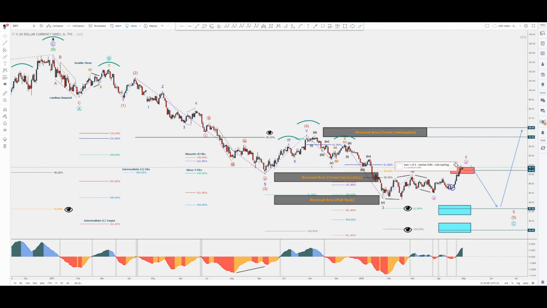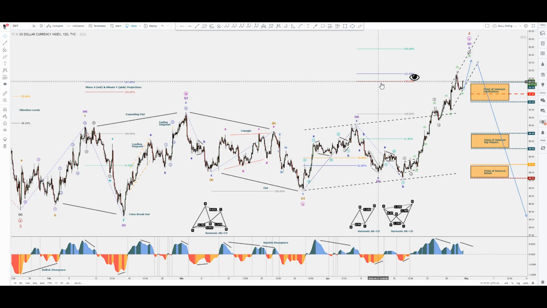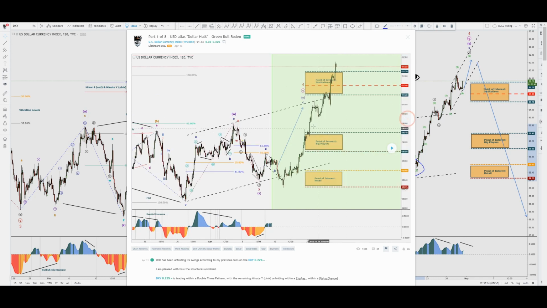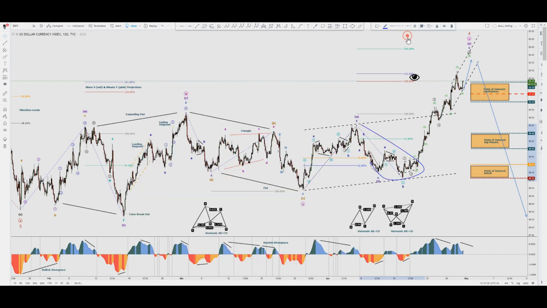Let me zoom in and you'll see that this view was posted right here, somewhere around here, where I was expecting that bullish move, and indeed the dollar took off, and multiple structures are possibly revealing at this time. Hence the reason why I decided to make this technical analysis video and provide you with more details regarding my personal expectations right here.